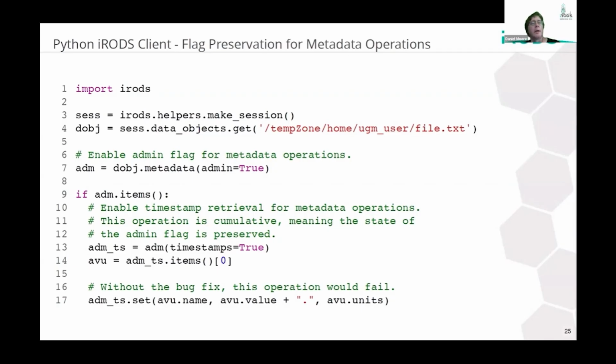So that's what we're doing, turning on the admin flag in line 7. And one of the bug fixes that I mentioned about better utility for metadata is illustrated here below. If you try to change these admin and timestamps flags independently of each other, the bug that existed before was that trying to change the one might allow the other one to reset to its default value of false.